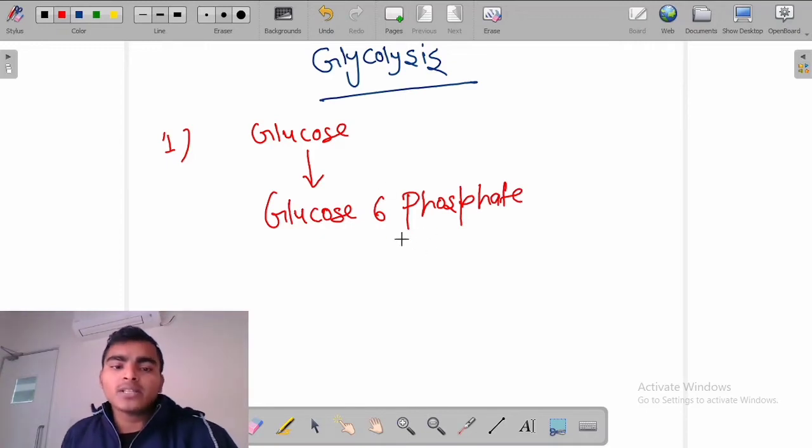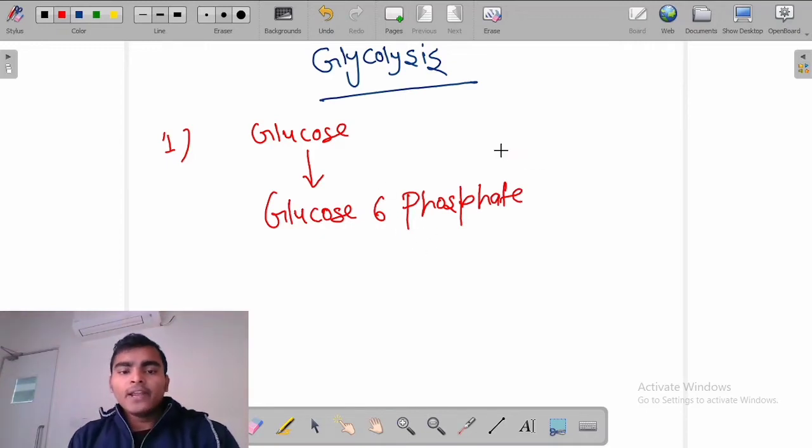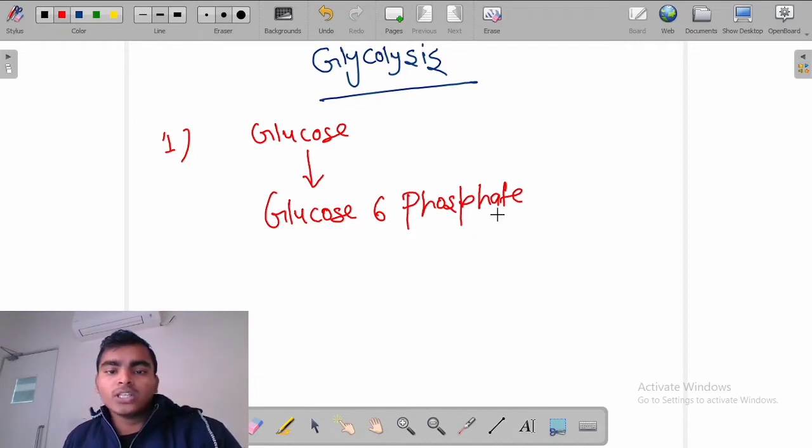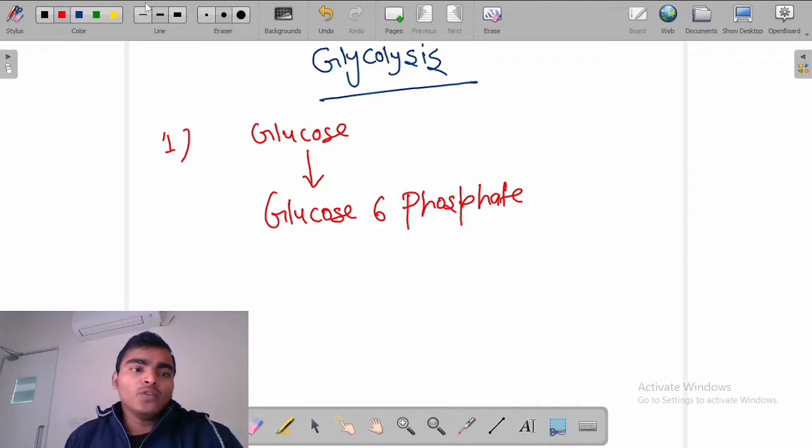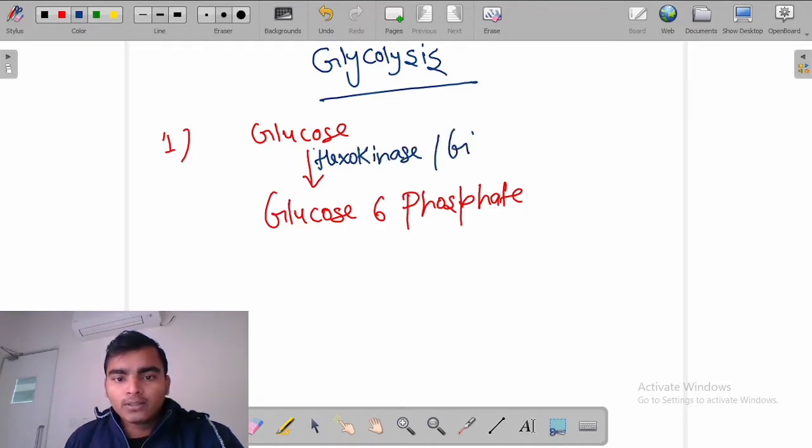As the name suggests, glucose 6-phosphate means the 6th carbon of glucose is bound with a phosphate molecule. How is this phosphate added? With the help of an enzyme known as hexokinase or glucokinase.